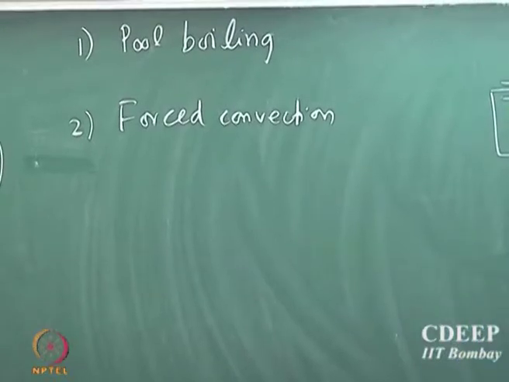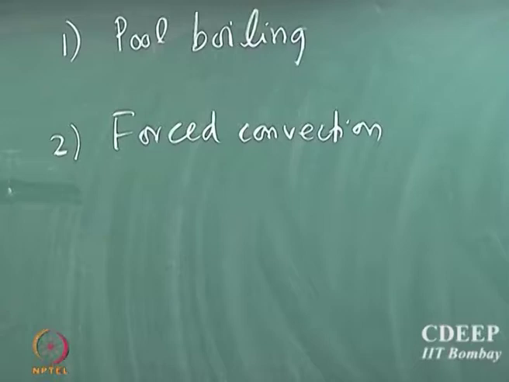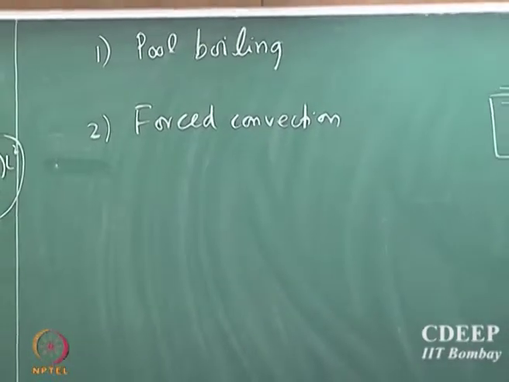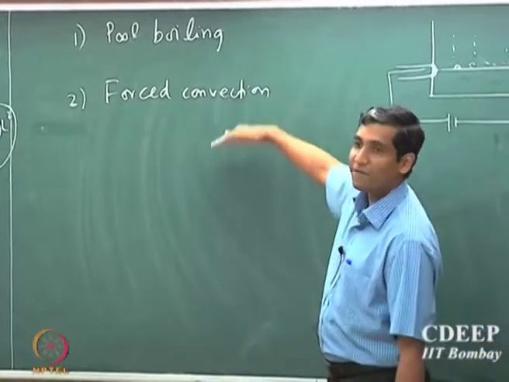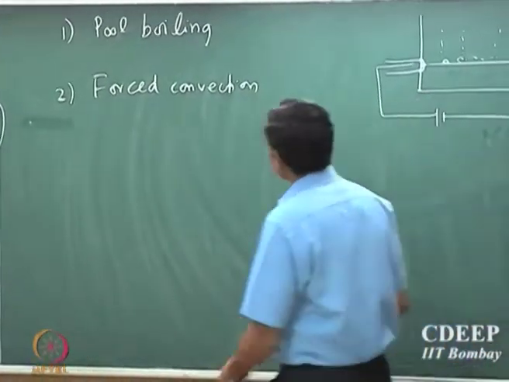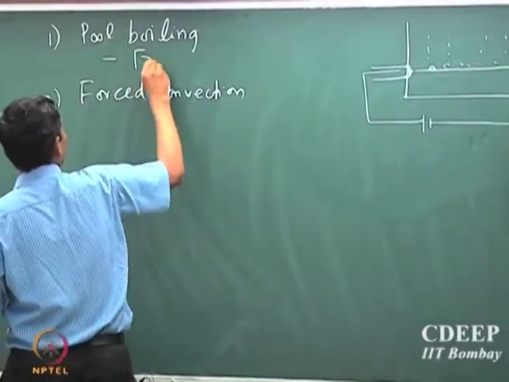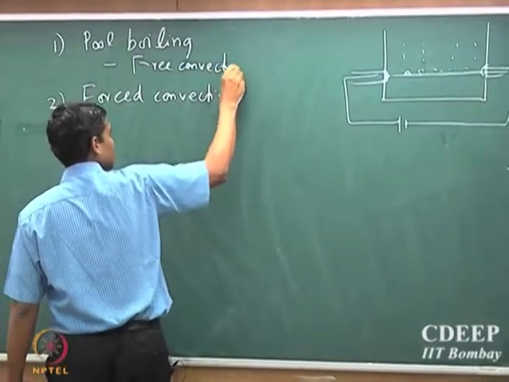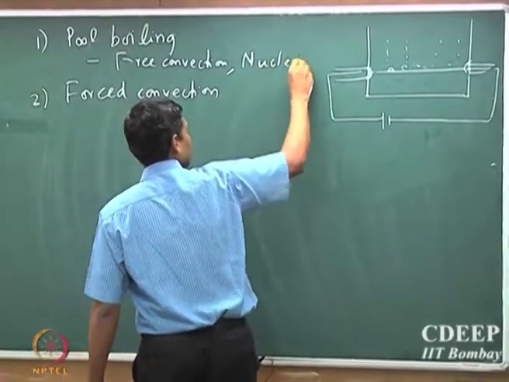Although the fluid is not being pumped or forced to flow over something, there is a certain type of forced convection involved, and we will discuss it very briefly when we get to that topic. In pool boiling there are 2 types. One is called the free convection mode, the other is called nucleate boiling.